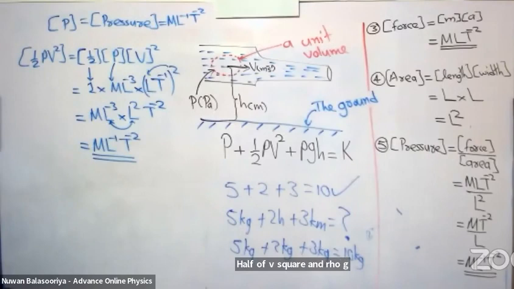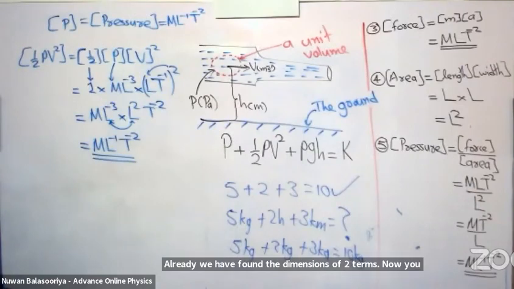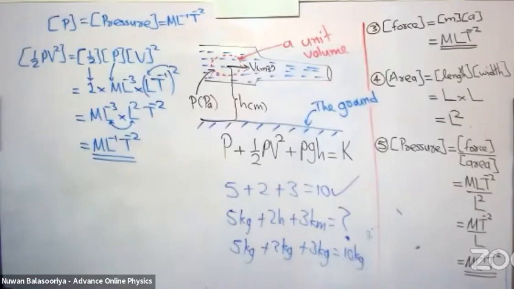Now we want to find the dimensions of the third term, rho GH.